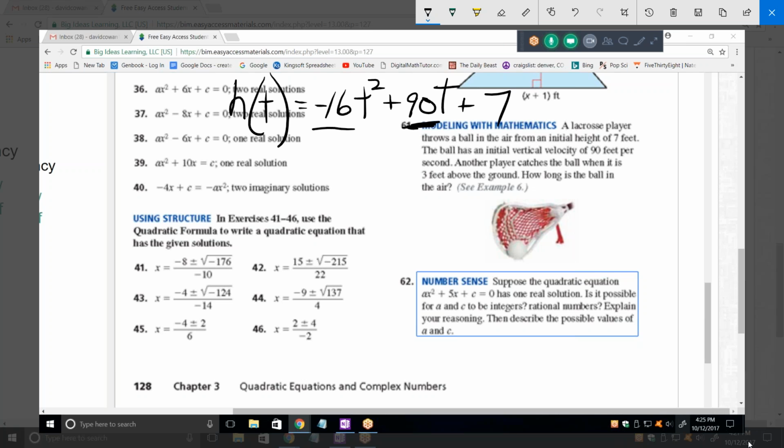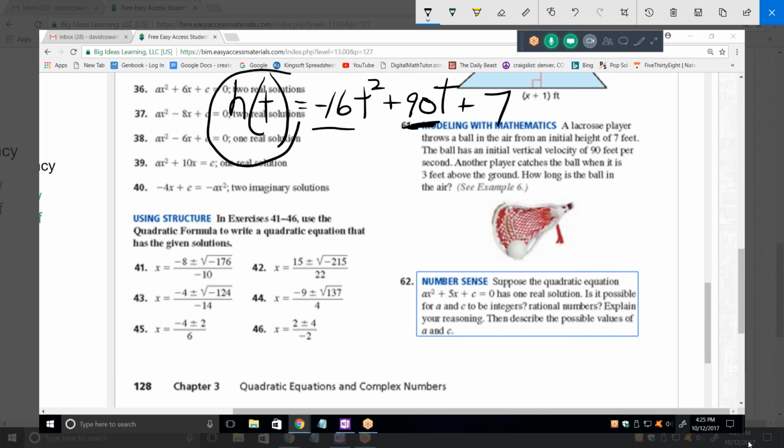Now, another player catches the ball when it's 3 feet above the ground. So how do I solve that? How long is the ball in the air? What's the height when the player catches it? 3 feet.